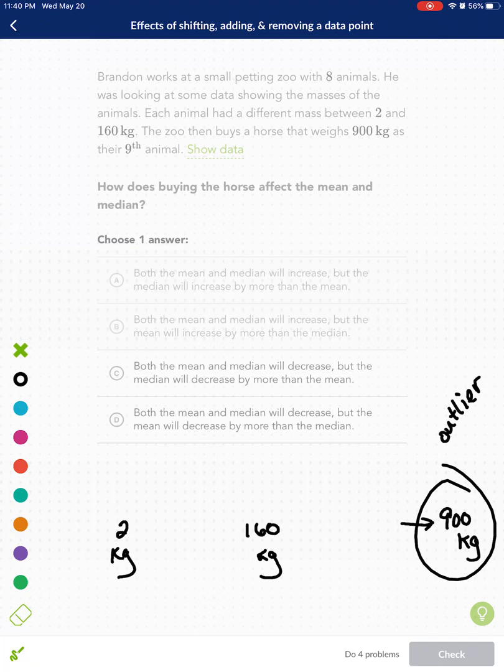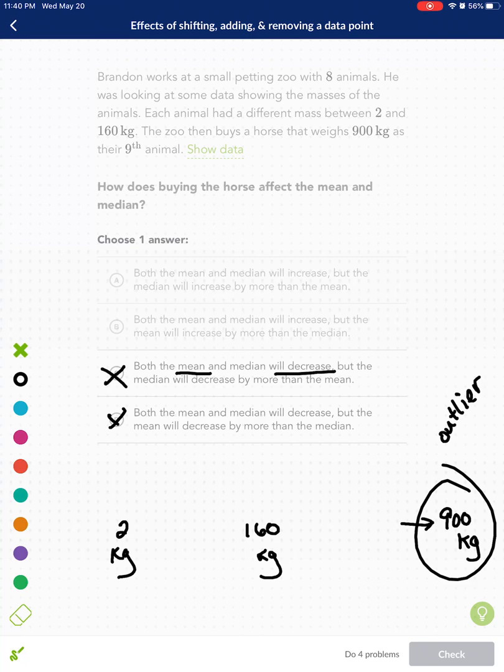So that will eliminate C and D because it says the mean will decrease. Well, that's simply not true. You're not going to throw a 900 kilogram horse into the mix and think that the average weight is going to decrease. That's just not how that works, because that's higher than the highest number they had previously by quite a bit.